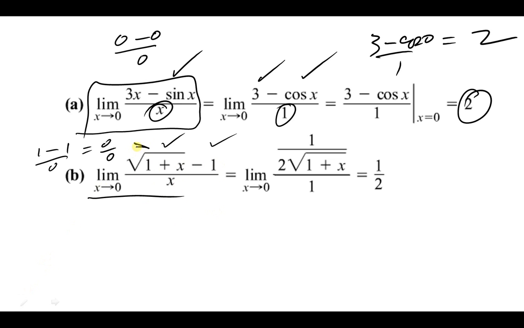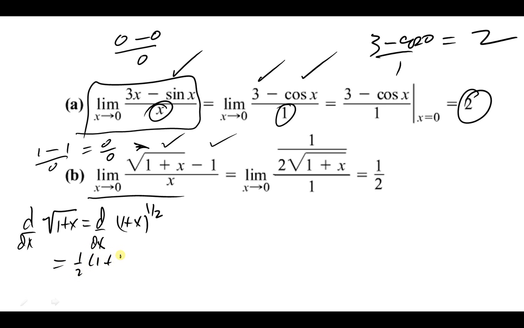The derivative of the square root of 1 plus x is the derivative of 1 plus x to the 1/2, which is 1/2 times 1 plus x to the minus 1/2, which is 1 over 2 square roots of 1 plus x.